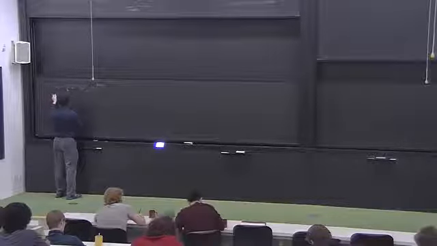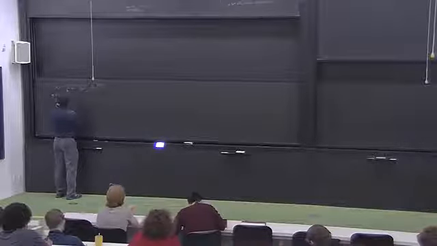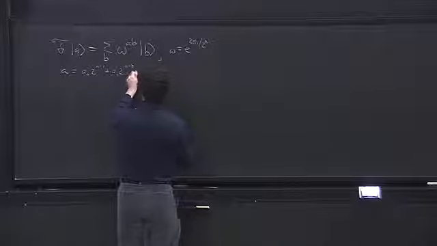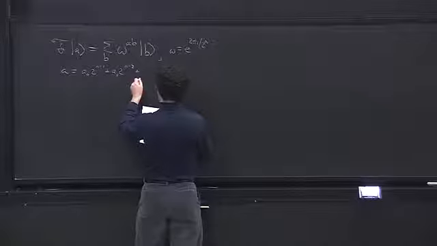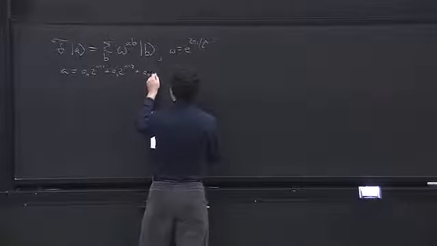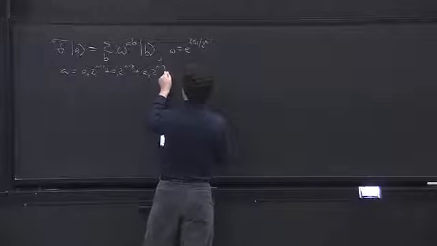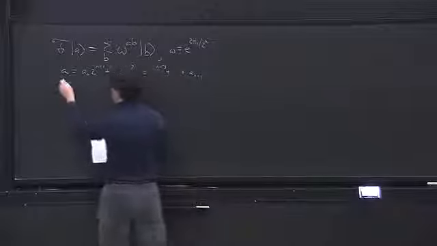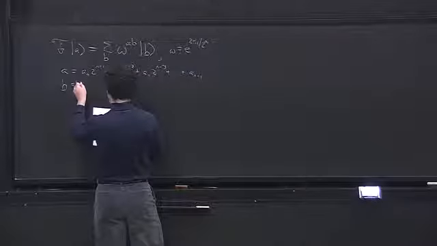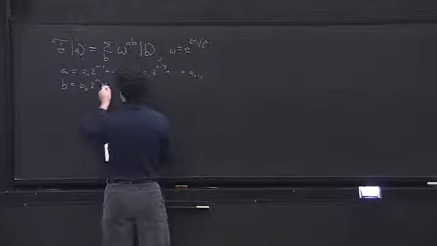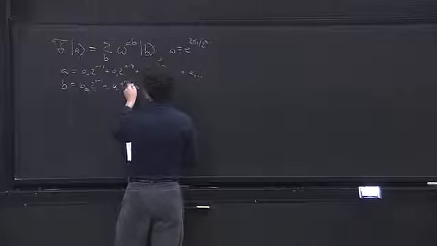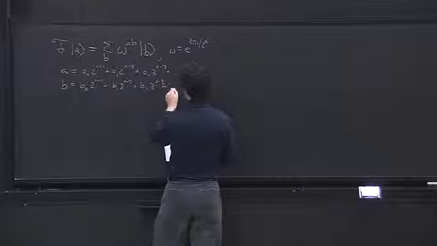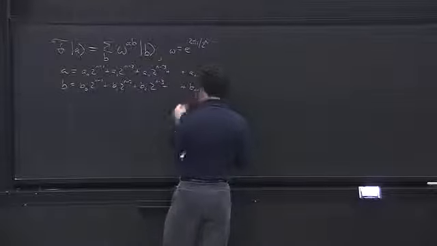So we have A is equal to A0 times 2 to the n minus 1, plus A1 times 2 to the n minus 2, plus A2 times 2 to the n minus 3, plus dot dot dot, plus A n minus 1. And B is equal to, similarly, B0 times 2 to the n minus 1, plus B1 times 2 to the n minus 2, plus B2 times 2 to the n minus 3, plus dot dot dot, plus B n minus 1.